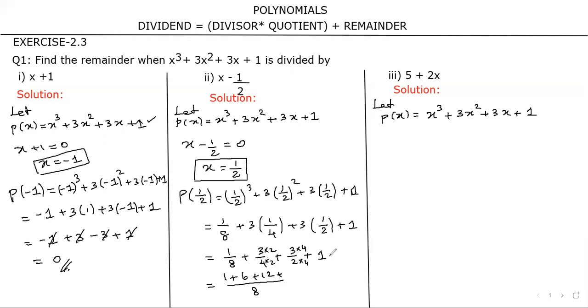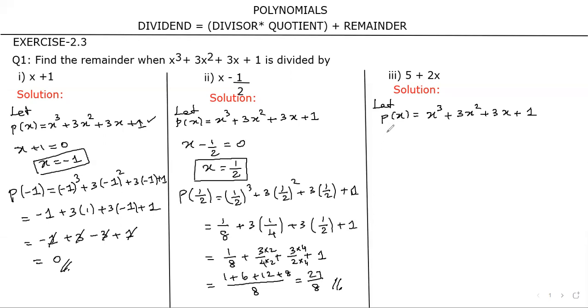And plus here you have to multiply by 8. So it is like 8. So just when adding, 12 plus 8 is 20. 20 plus 6, 26. 26 plus 1, 27. So 27 over 8. So this is the answer. So this is the remainder when you divide this polynomial. So here 27 is not the multiple of 8. So you can just leave this as it is.